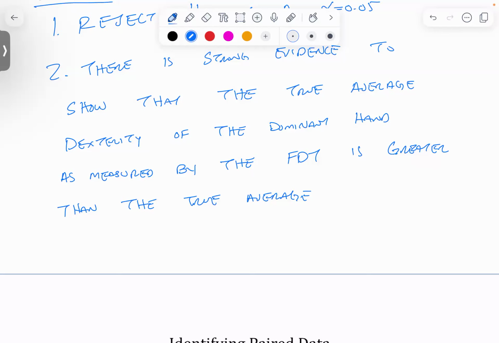Show that the true average dexterity speed, let's say dexterity speed is what it is.